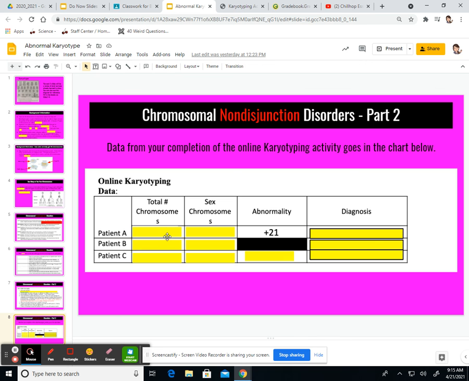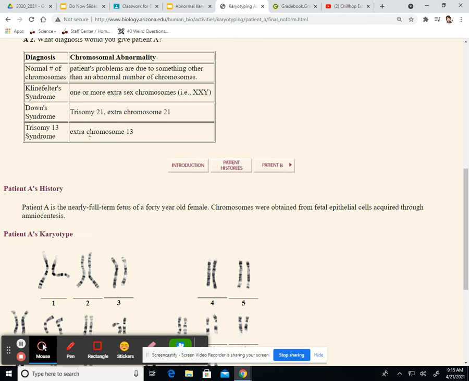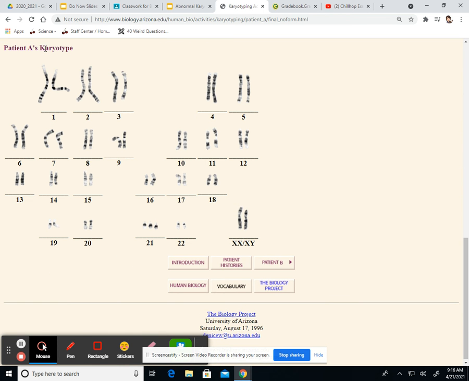The instructions tell you this, but I'm looking at patient A, and I'm going to fill in the total number of chromosomes, the sex chromosomes on this karyotype, and then what the final diagnosis is. So if I click back over and I look at the chromosomes, we know that a normal karyotype has 46 chromosomes, right? I have 22 pairs plus the 2 sex chromosomes, so that's 44 autosomes plus the 2 sex chromosomes for a total of 46 chromosomes.